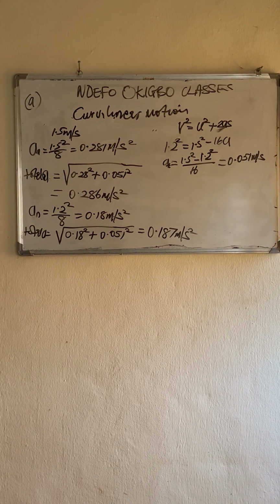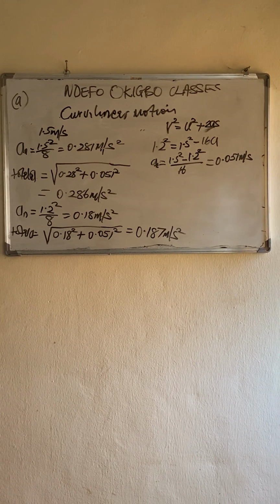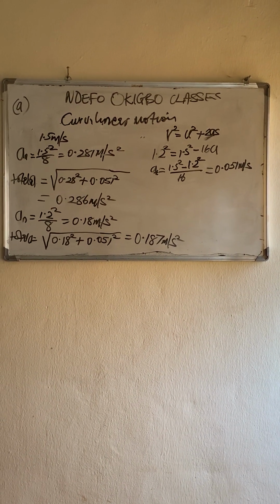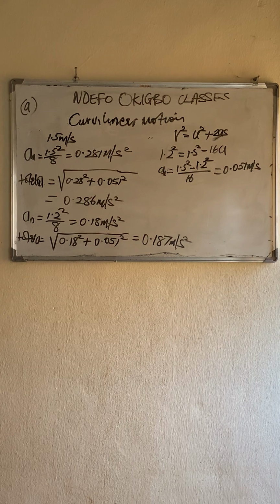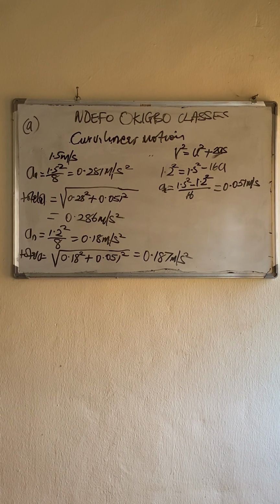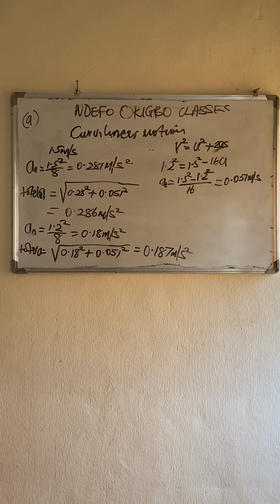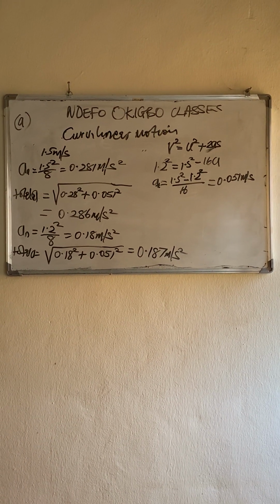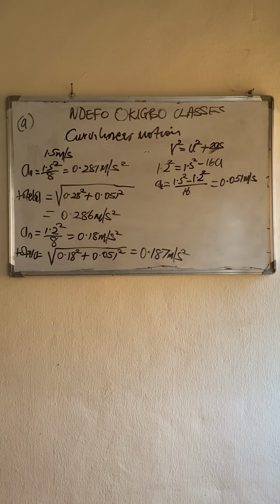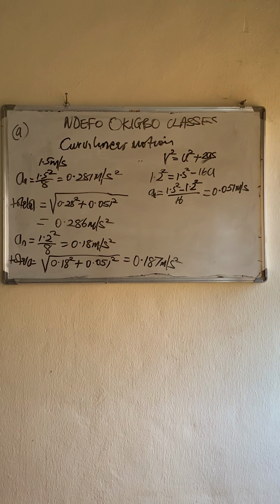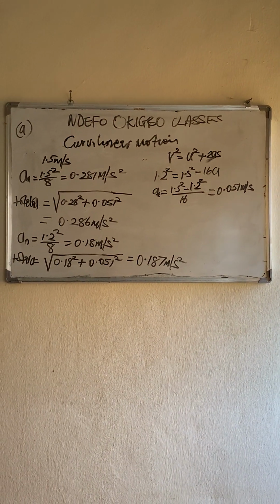So let me now restate the question. A vehicle on a curved part of a road that is 8 meters in length has a radius of 8 meters. The vehicle goes with a speed of 1.5 meters per second at the inception.